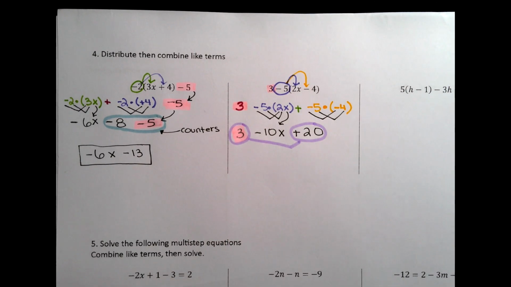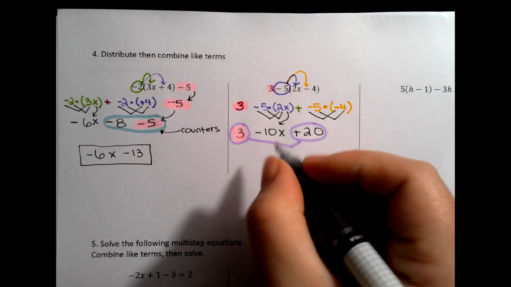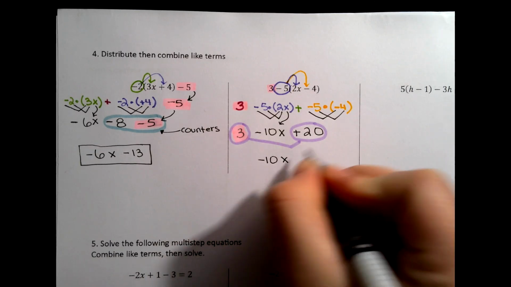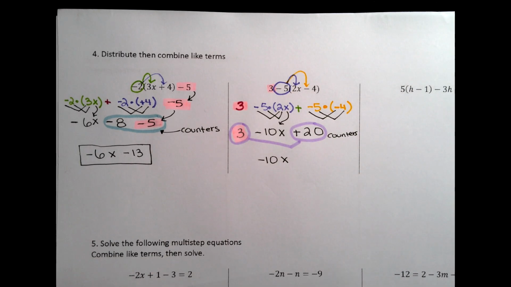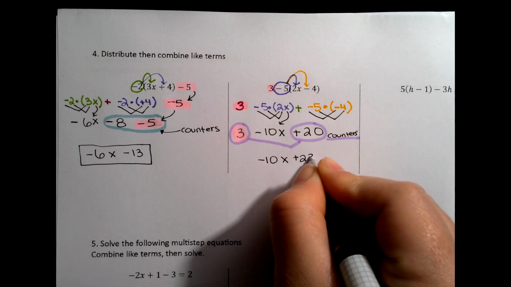So we are combining like terms. Bring down the -10x. Here again, we're using counters, which means we're taking 20 pluses and 3 pluses, which gives me 23 pluses.